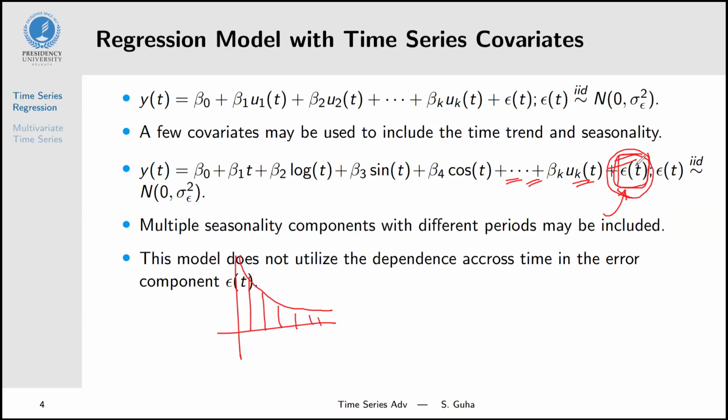On the other hand, we are modeling that as IID. That means whatever happens today has nothing to do with tomorrow. So we are completely ignoring that they are time series. That may create a problem.